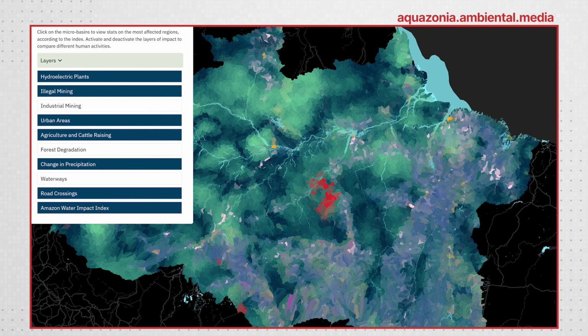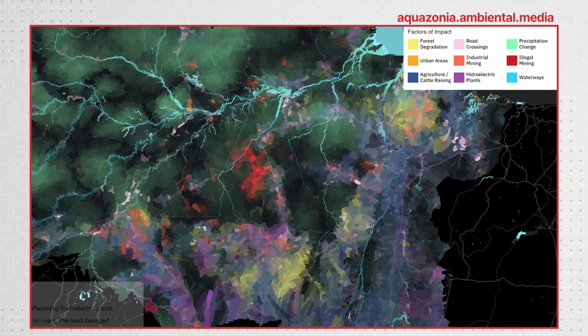And we were able to build an index that takes all these data layers into account and creates a measurement of how much impact has been done to the freshwater system in each micro basin. So this is a really fun example.